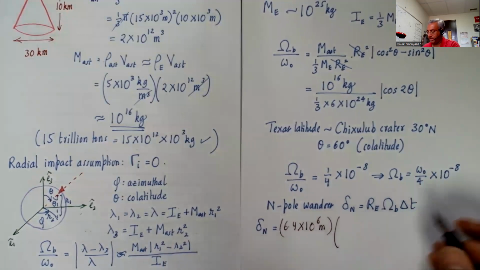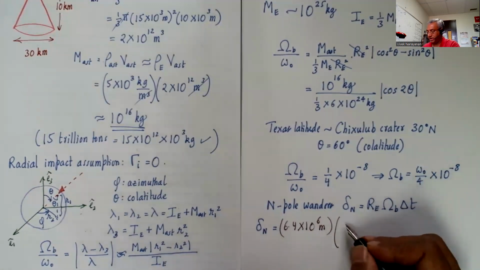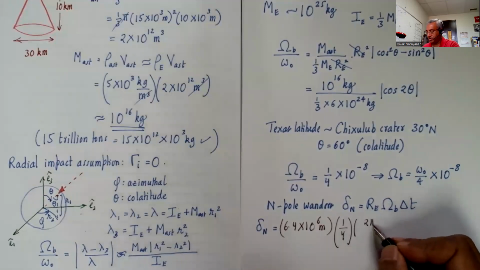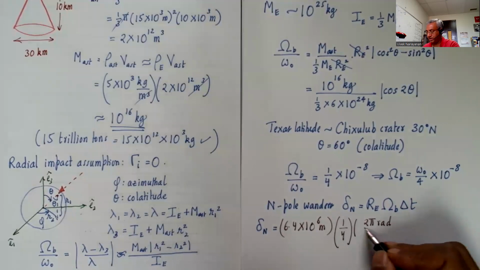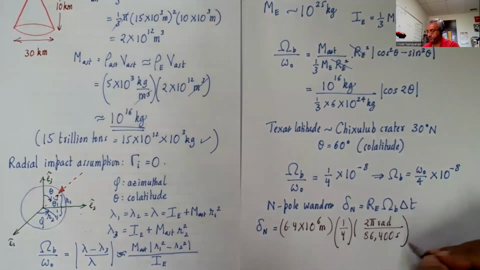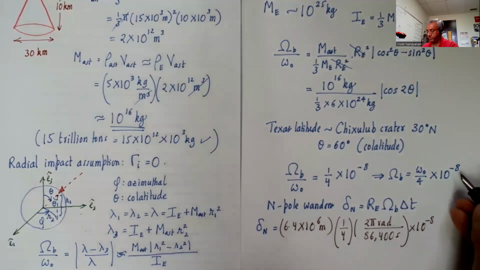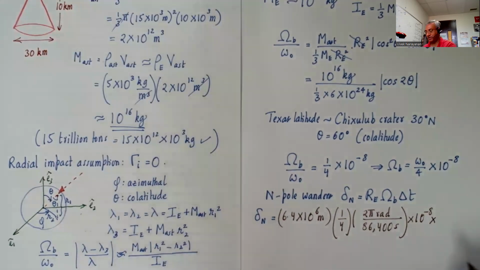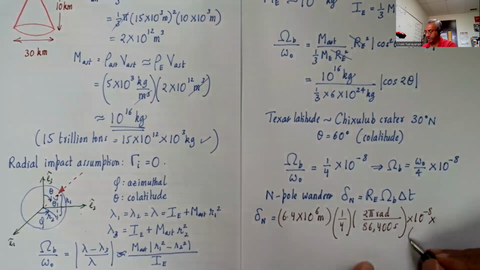Then let me write down omega b, which is 1/4 times omega naught, and omega naught is 2 pi radians divided by 86,400 seconds, which is the duration of 1 day, times 10 to the minus 8 from there, times the duration since the impact of that asteroid.